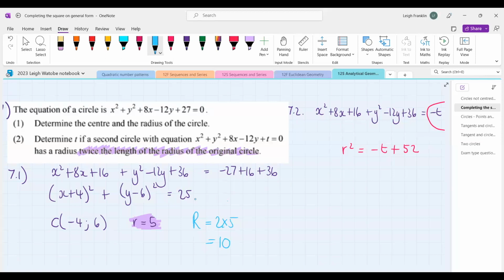That is what we need to sub in here. So this is going to be 10 squared. That's where she's getting the 100 from. Does that make sense to everybody? So that's why she's got 100 is equal to minus t plus 52.